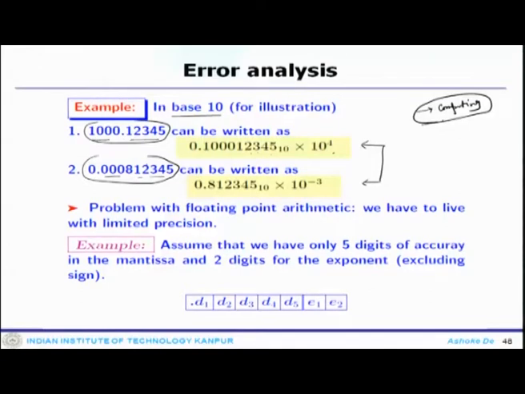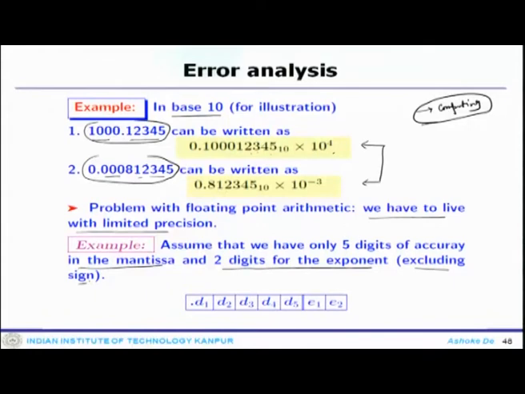Now, the problem lies with floating point arithmetic, where we have to live with limited precision. And what does that mean? Let us take an example. Assume that we have only 5 digits of accuracy in the mantissa and 2 digits for the exponent, excluding the sign.